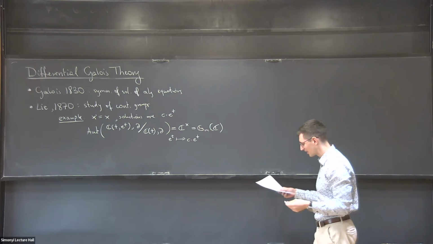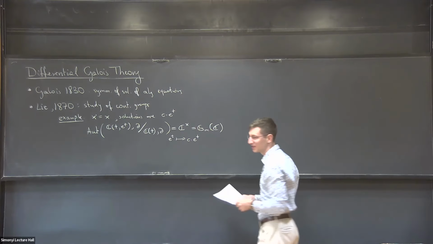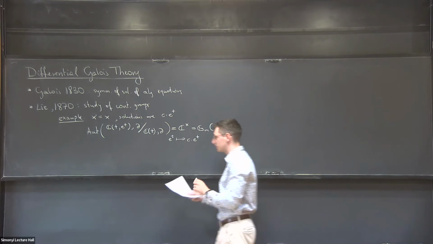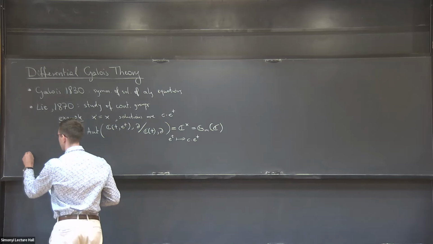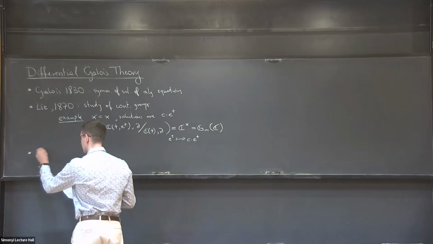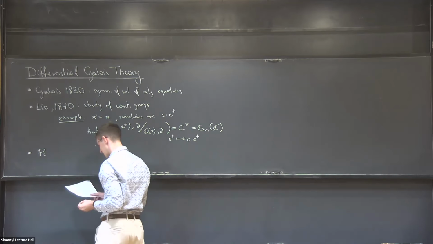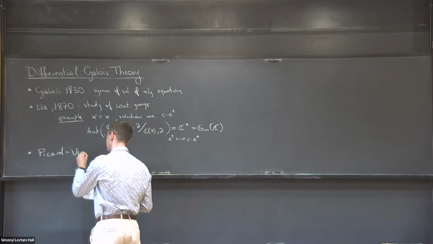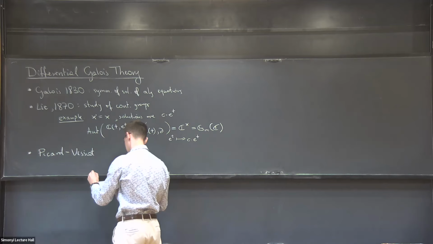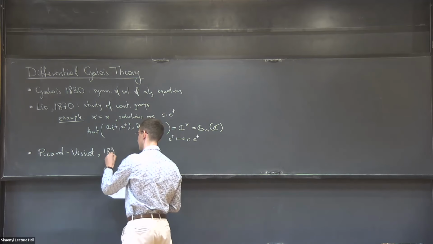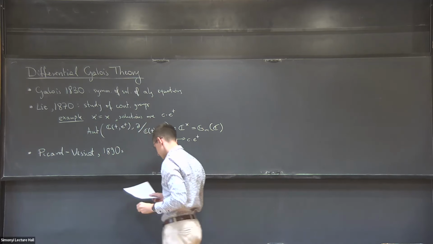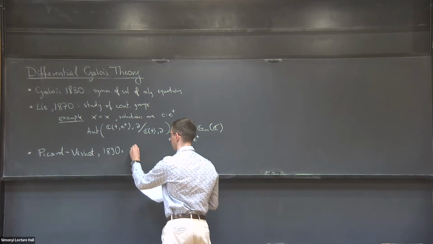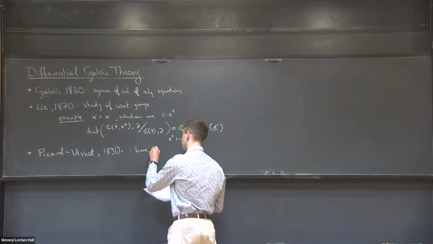some algebraic group, and later we'll see that these groups of symmetries of differential equations will always, under some assumptions, be algebraic groups. Later, more examples than just this one were studied by Picard-Vessiot, as far as I checked in the 1890s. And this is homogeneous linear equations.